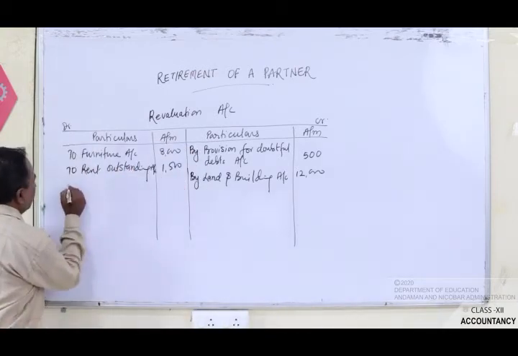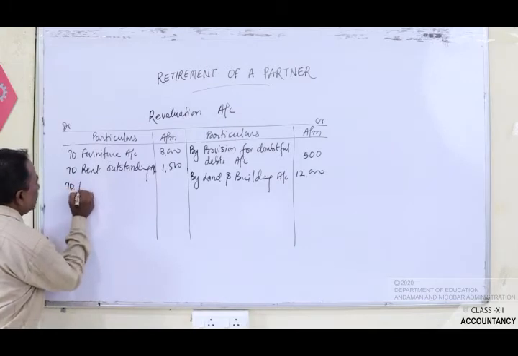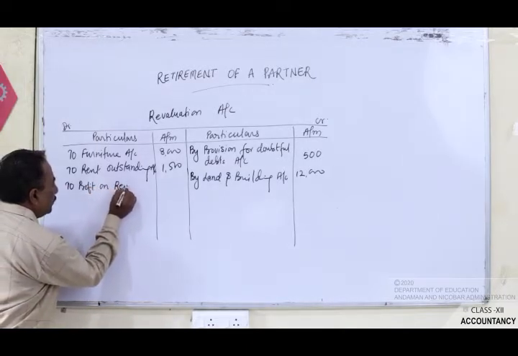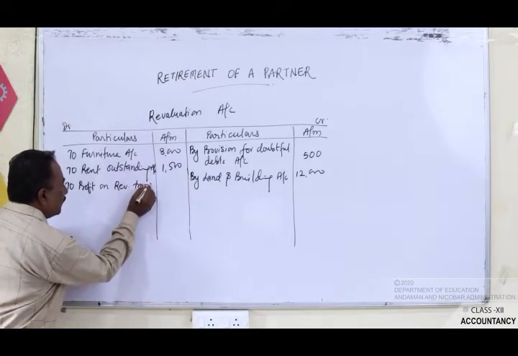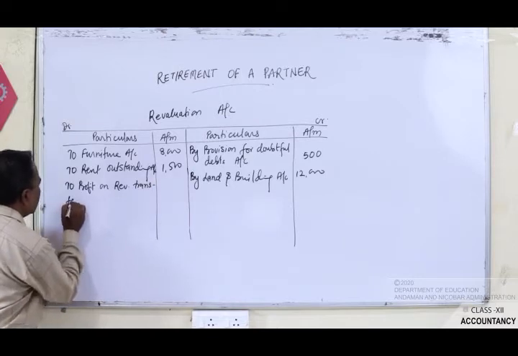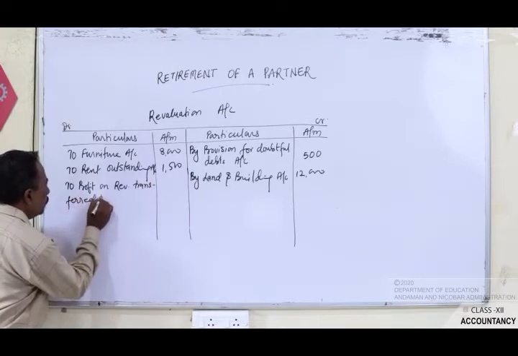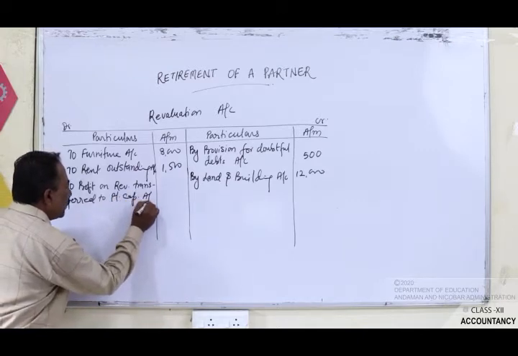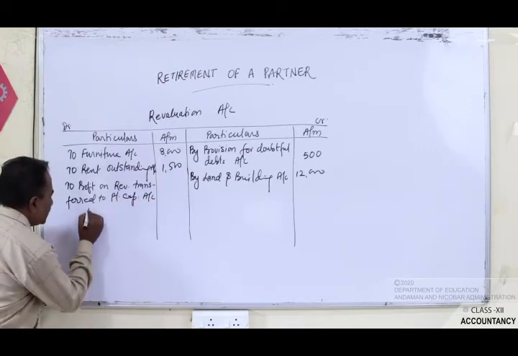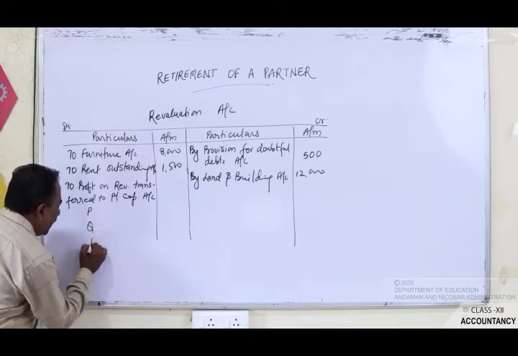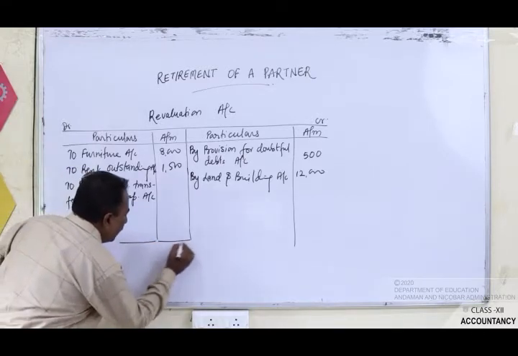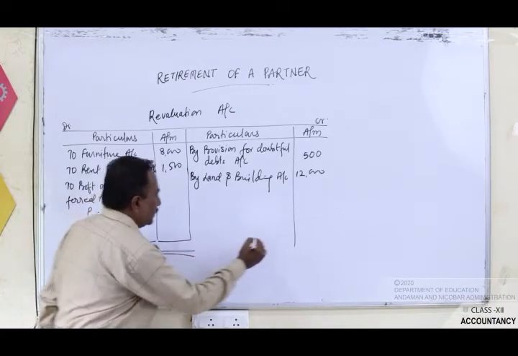Now, for that you have to record on the debit side as to profit on revaluation transferred to partners' capital account. Now, the partners are P, Q and R. Among these three, the amount of profit will be distributed.